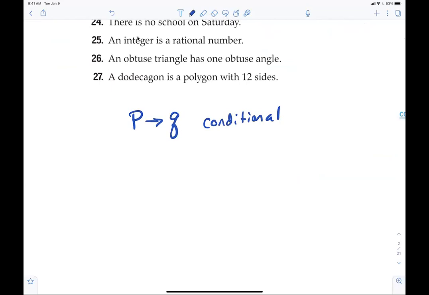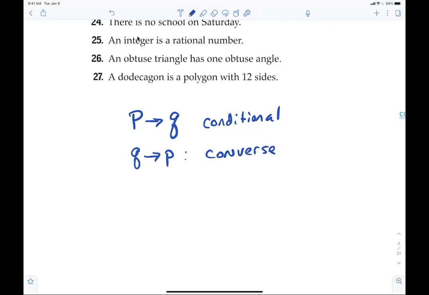So converse would be if Q, then P. That would be considered the converse. And we'll talk about the fact that the converse doesn't always have to be true, but it could be true. Listen to what I'm saying.